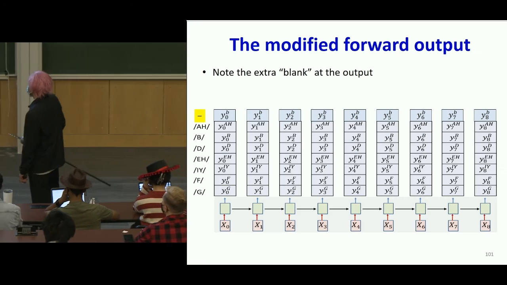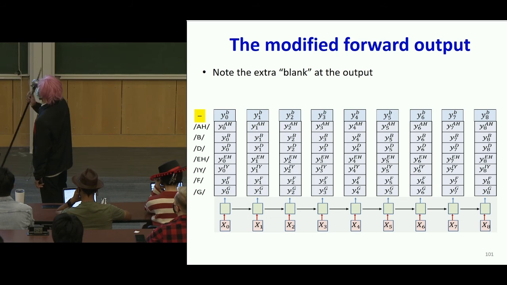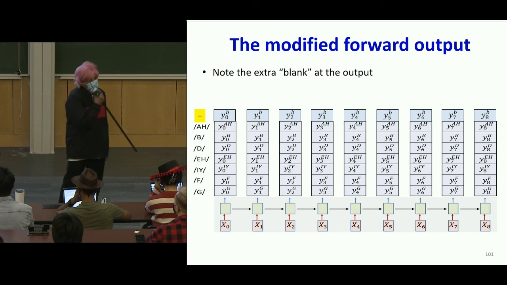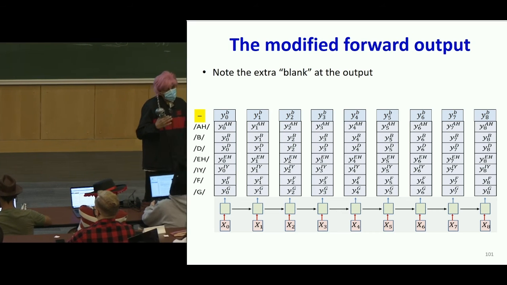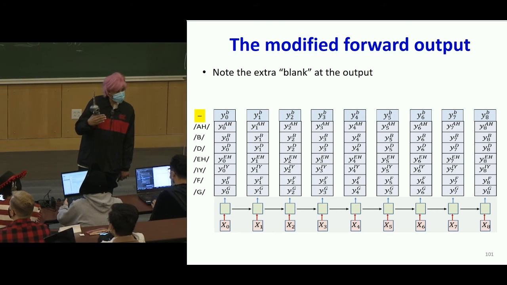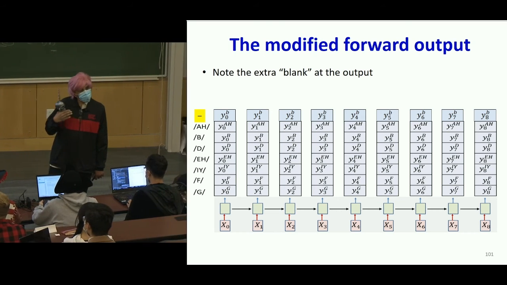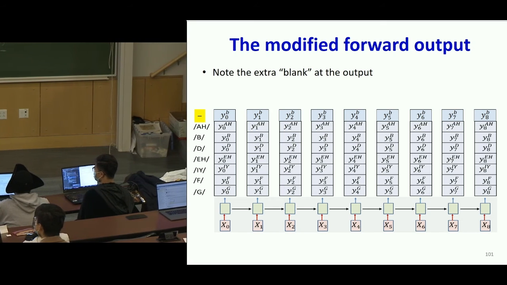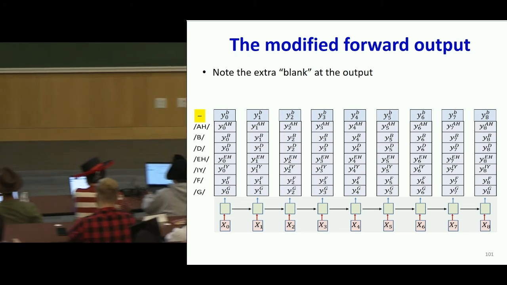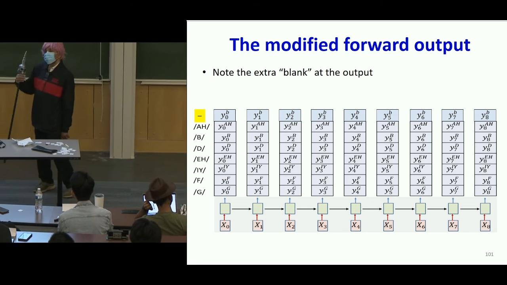Or have some repetition. Anyway, if I introduce this extra do-nothing character, I have eliminated the problem of dealing with repetitions, but it changes things a little bit. Now my symbol vocabulary that the network can output includes the blank.